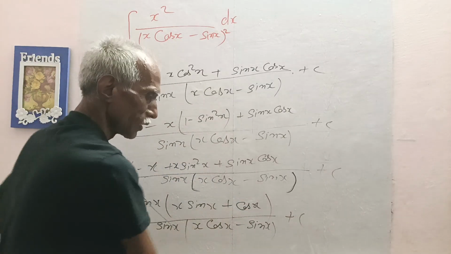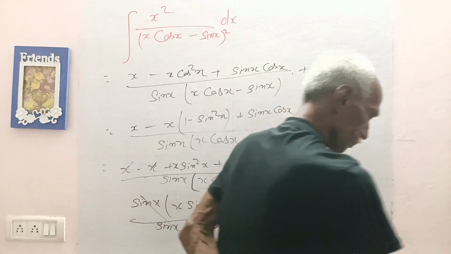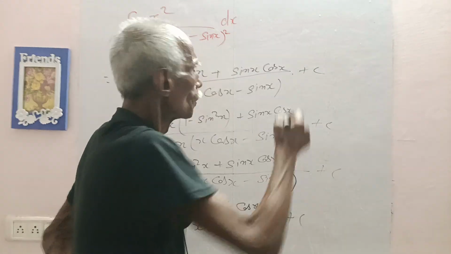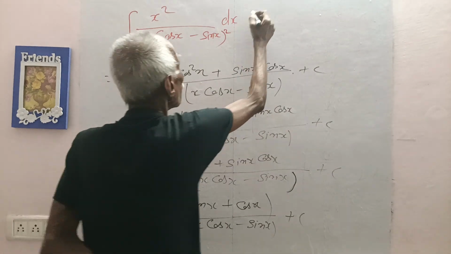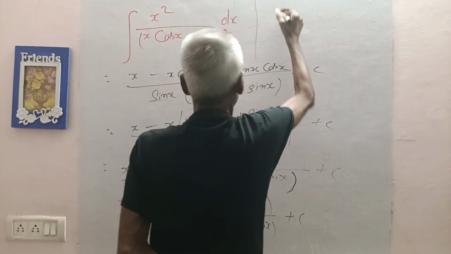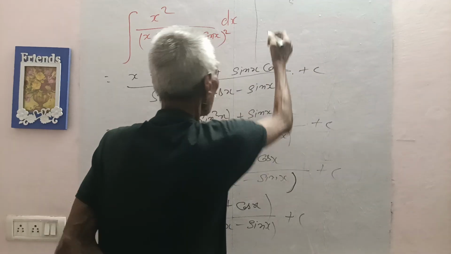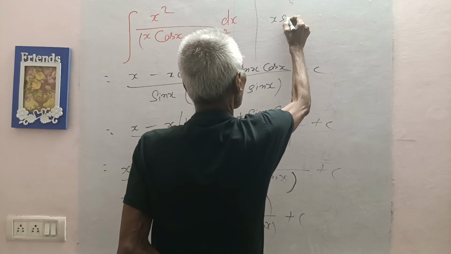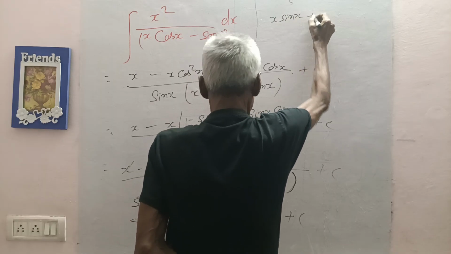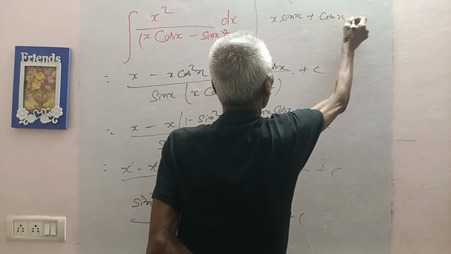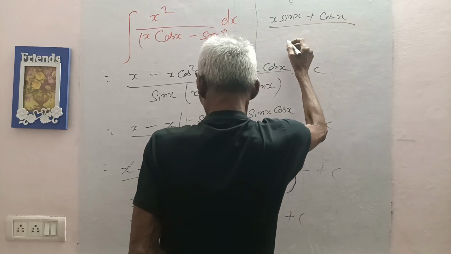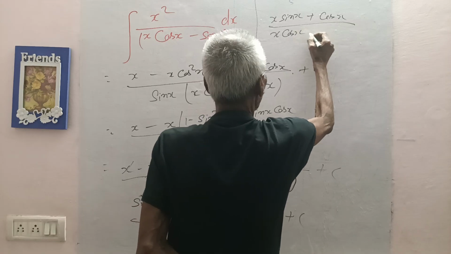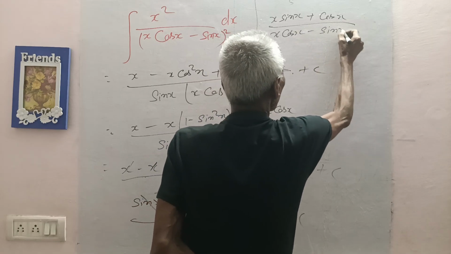And this is the final result. So the final result is x sin x plus cos x by x cos x minus sin x plus c.